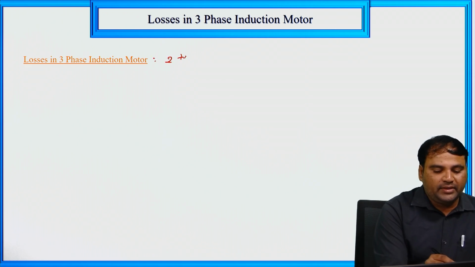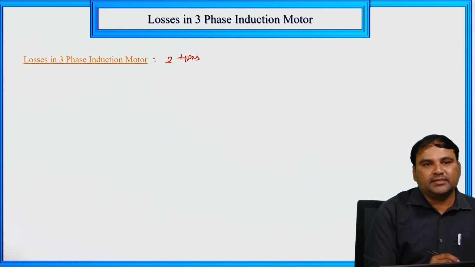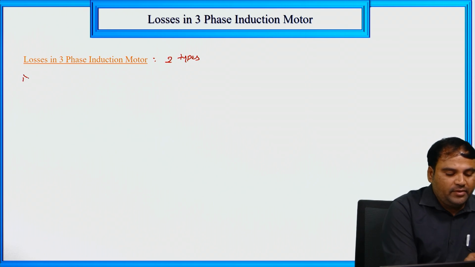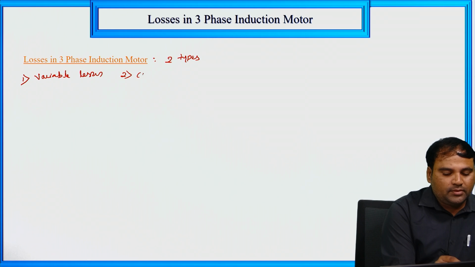Here we have two types of losses. The first is variable losses and the second one is constant losses.